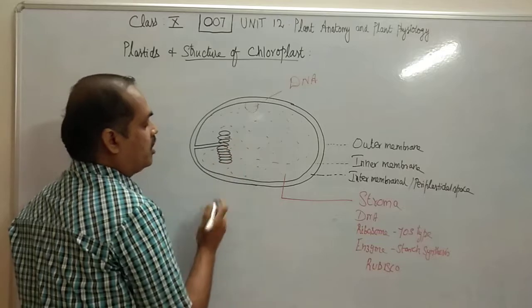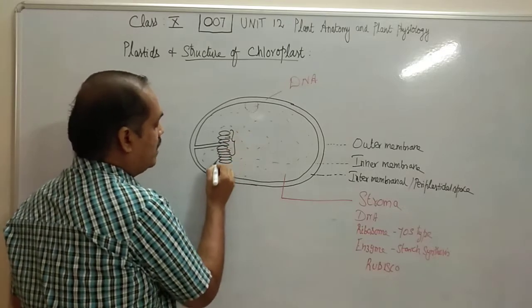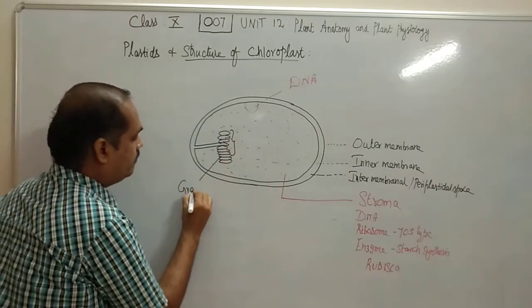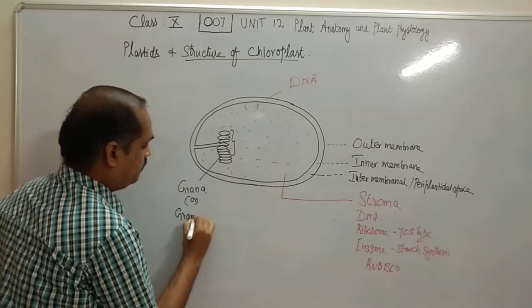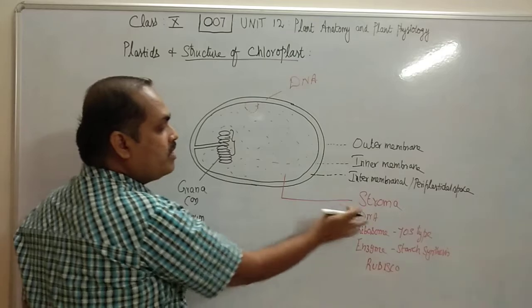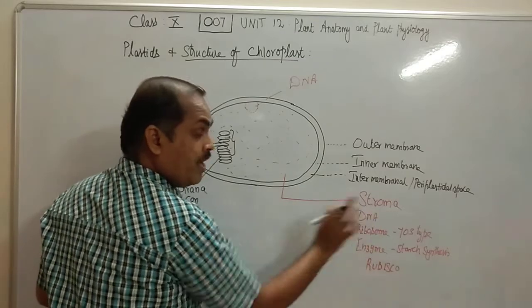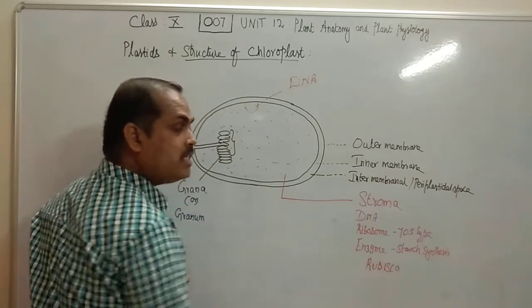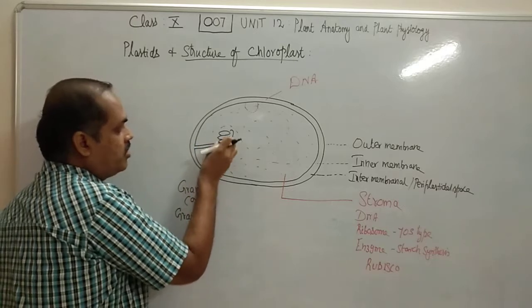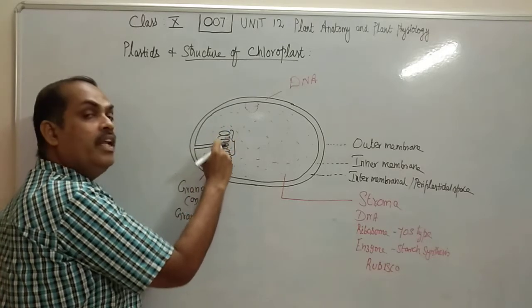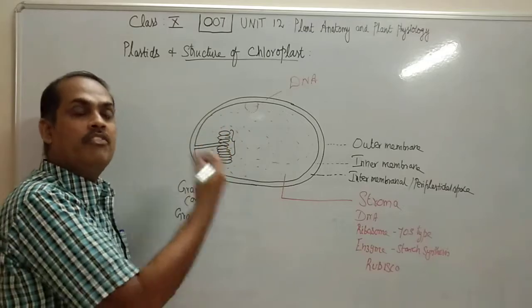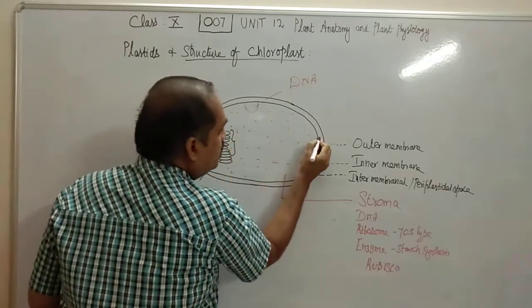So these structures together are called granum, or singular granum. Along with DNA, they also have RNA, ribosomes, enzymes. You have an invagination which leads to a number of membrane structures which are arranged one after the other like a pile of coins.